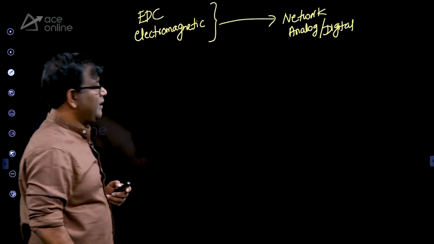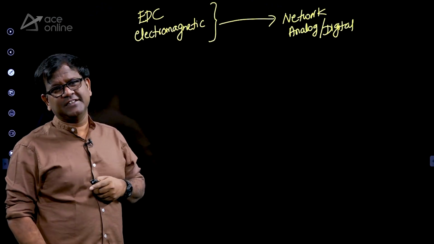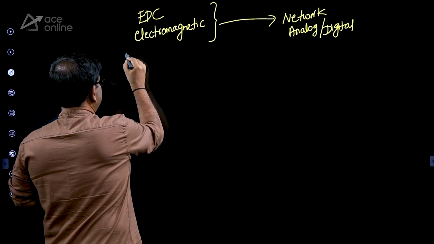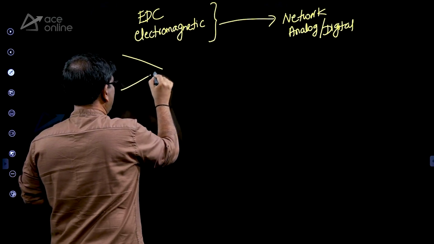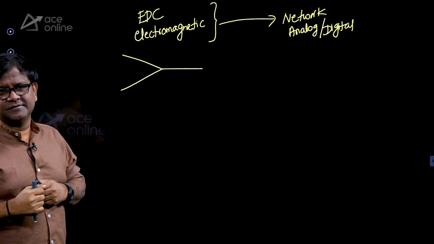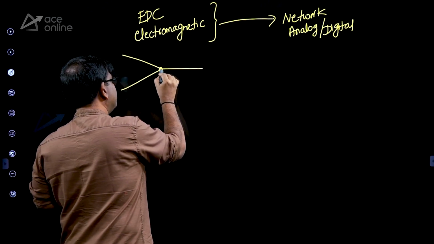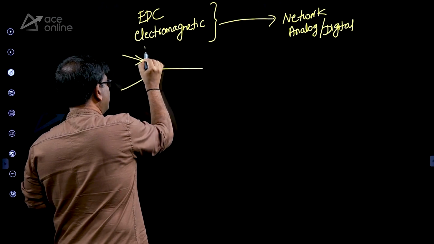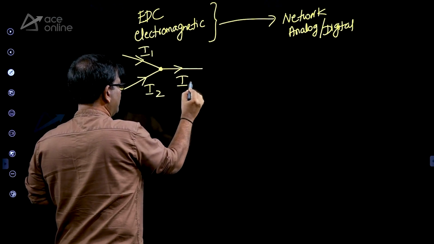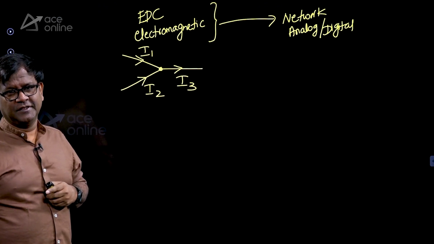So in electromagnetics and EDC, you talk about the interactions inside the device. So here, even if you have a BJT or a MOSFET or even hundreds of BJTs or millions of transistors, the effort that you put for this simple network is the same effort you put for millions of transistors, right?